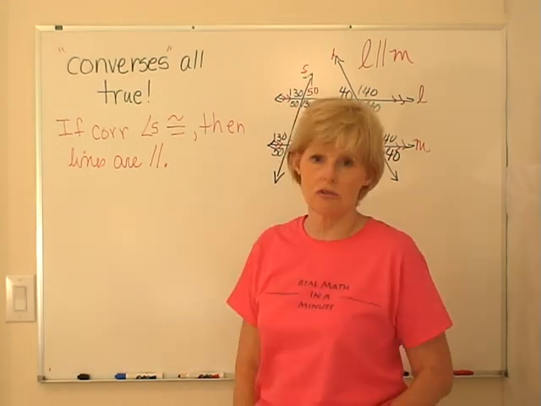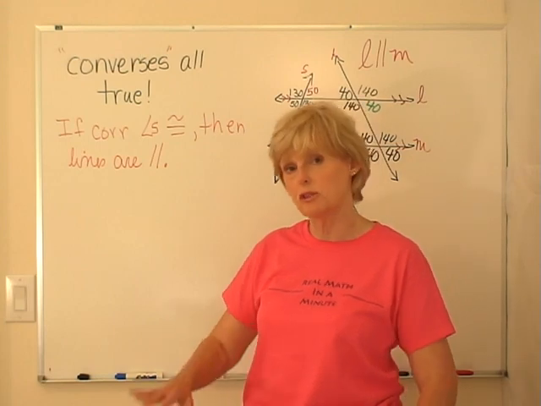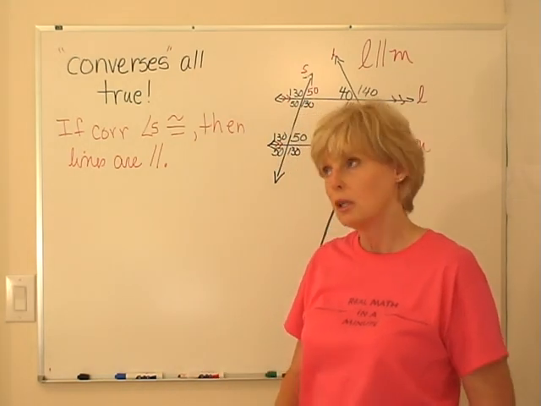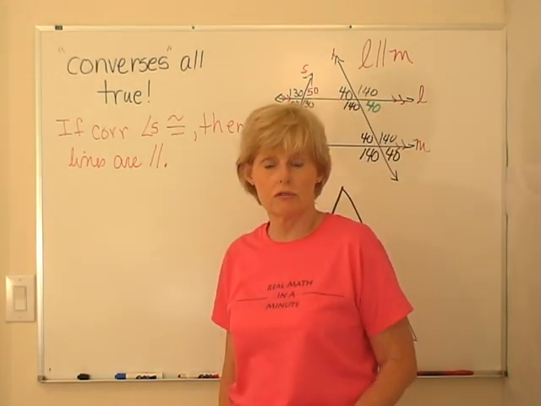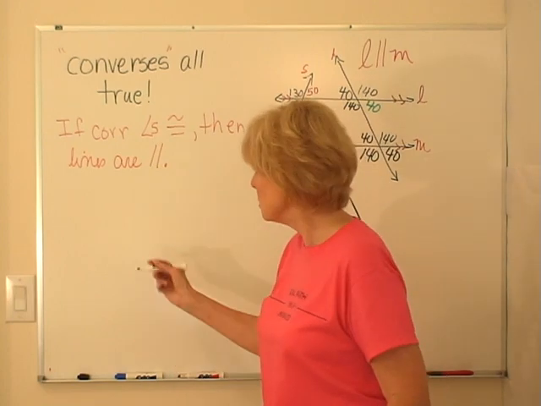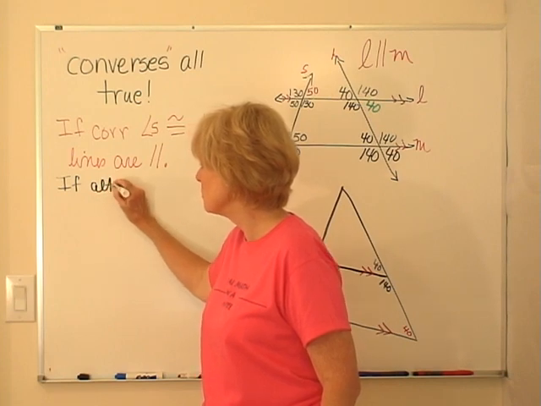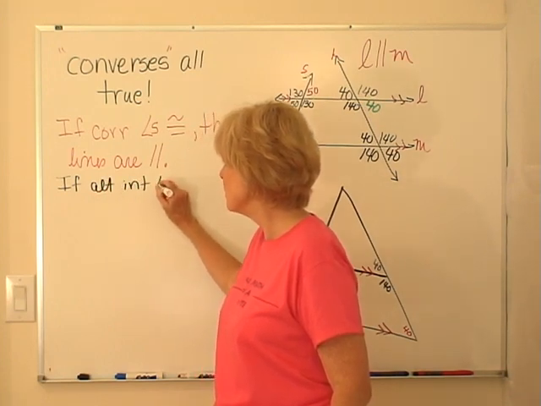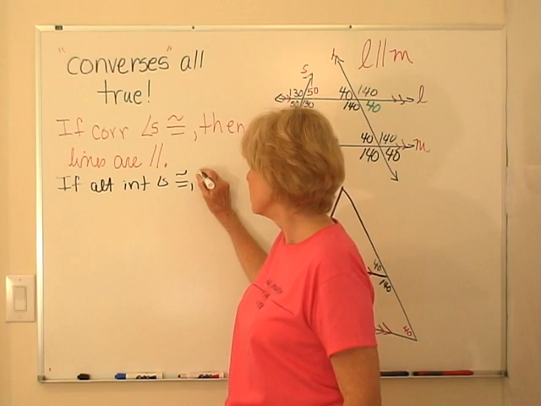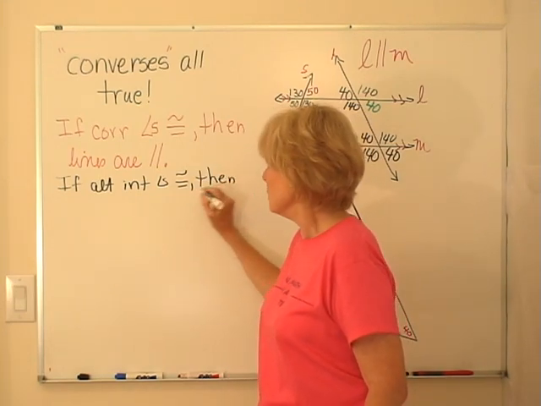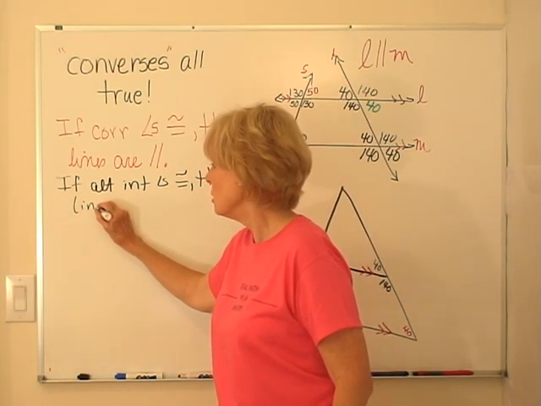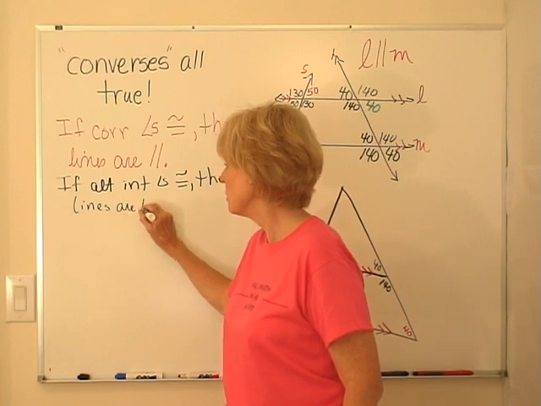And every one of those that we just did, all those theorems before that we just reasoned our way through, all of those converses are true also. So in a nutshell, we have this to be true. If alternate interior angles are congruent, then lines are parallel.